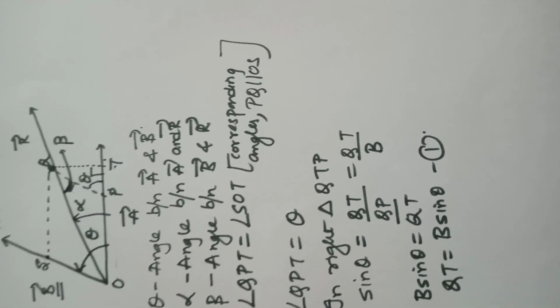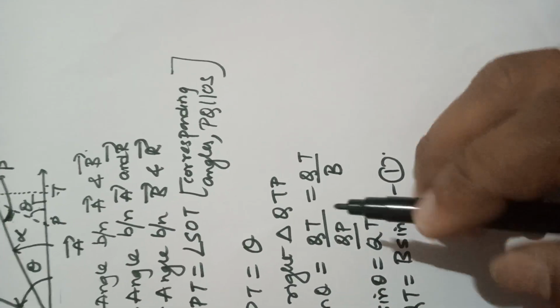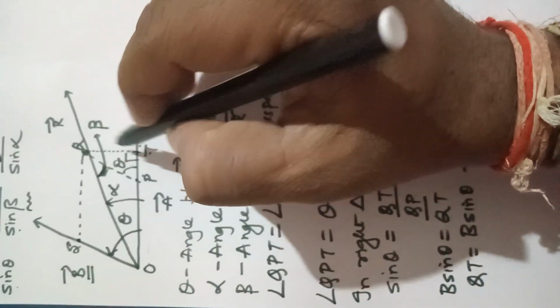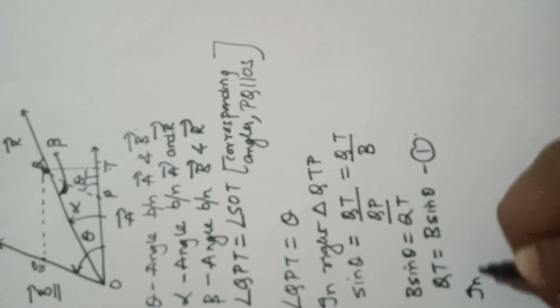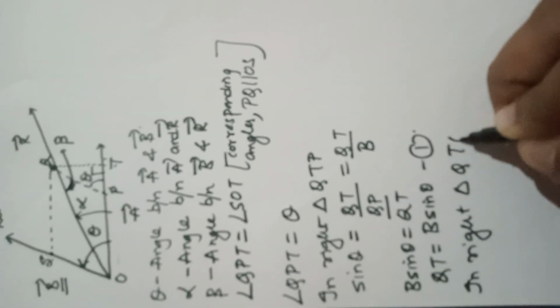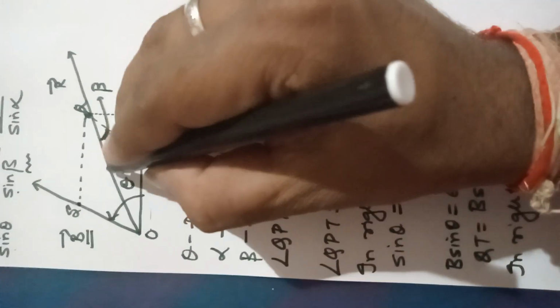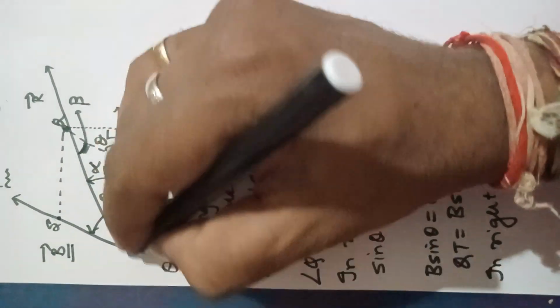Now I will take another right angle triangle where QT is involved. We'll take it as QTO. So in right triangle QTO, what is the angle that is involved here? Alpha is the angle involved in this right angle triangle QTO.